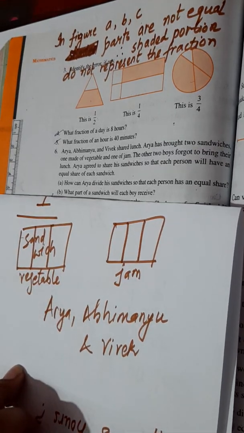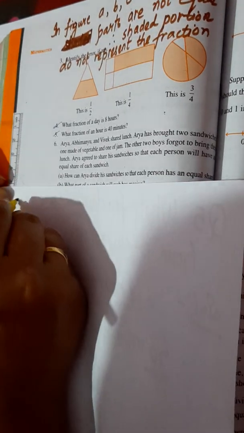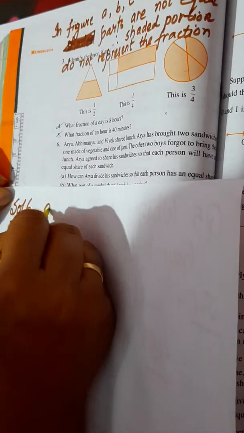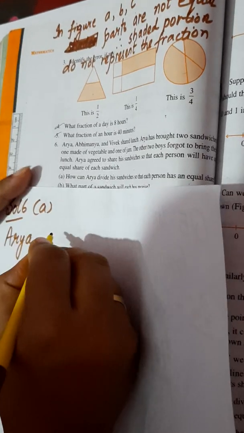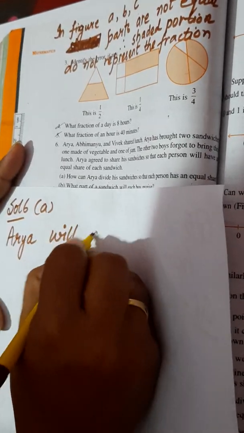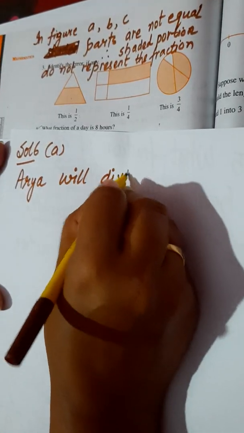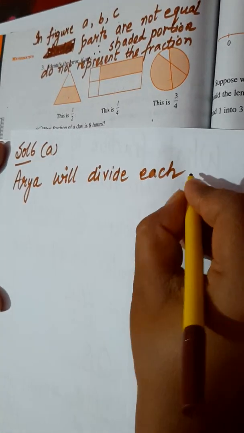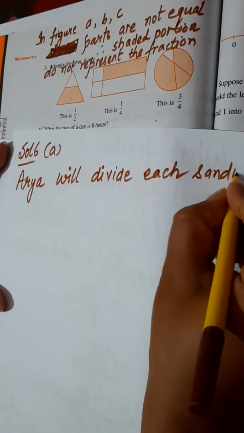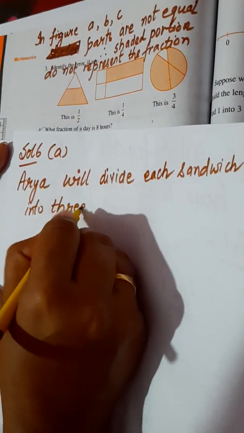So let's write our answer. My answer will be solution number 6, A part. I will write Arya will divide each sandwich into 3 equal parts.